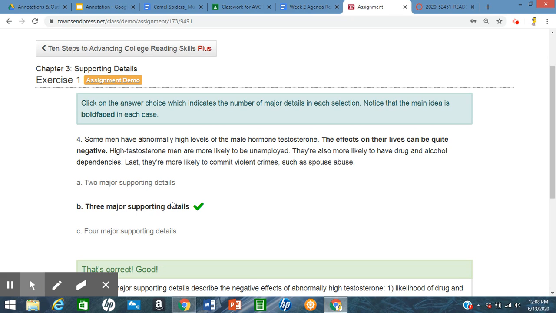A major detail is usually indicated by a signal word like first, next, also, finally, third. So that is a major. A minor detail continues with that major detail, adding more information, percentages, and so on. Okay, so that is the difference between a major and a minor detail.